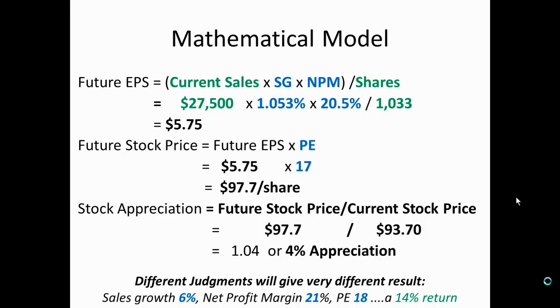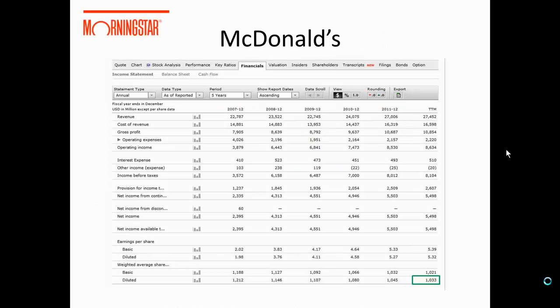You may not want to get into it, Paul, but you said if you want to dig deeper, you could estimate future shares. How would you go about doing that? Well, that's a good question. Let's go back here real quickly. When we look at Morningstar, it shows us the shares over time for each of the last 5 years.